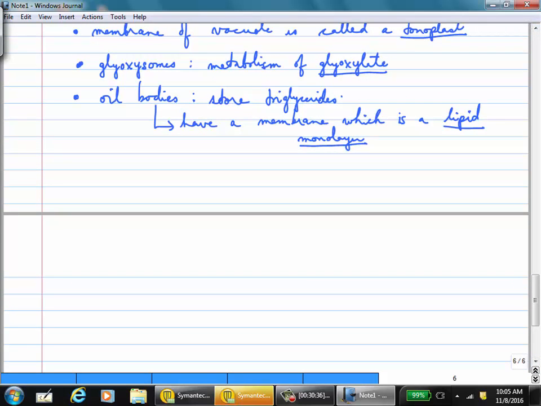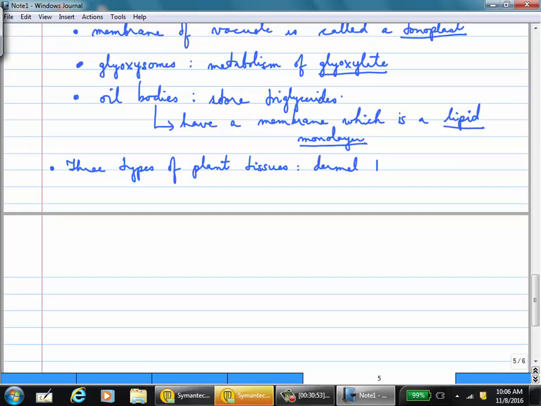Now if you look at plant tissue, there are three types of plant tissues. The first one is the dermal tissue. That's like the skin of the plant, the outer covering.